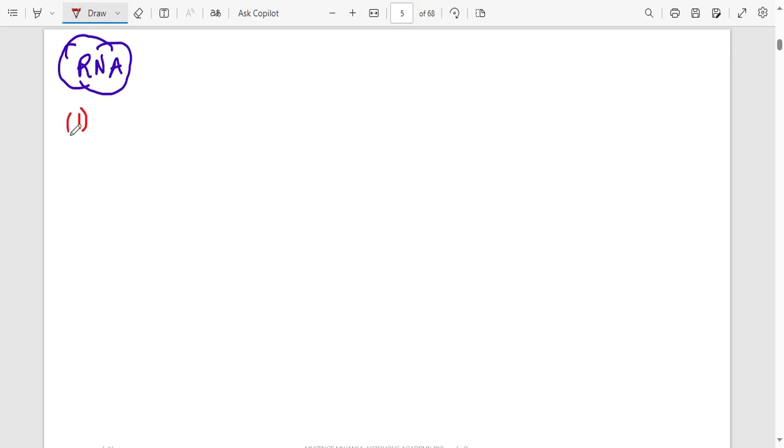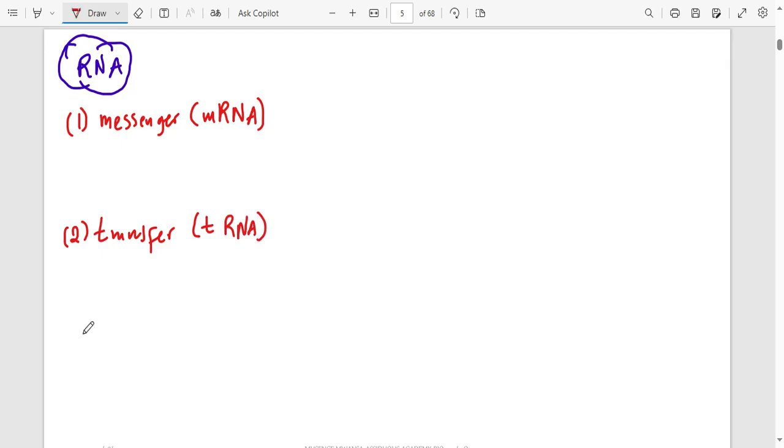The first one is known as M, which is messenger, or mRNA. The second type of RNA is known as transfer, or tRNA. The third type is known as R.